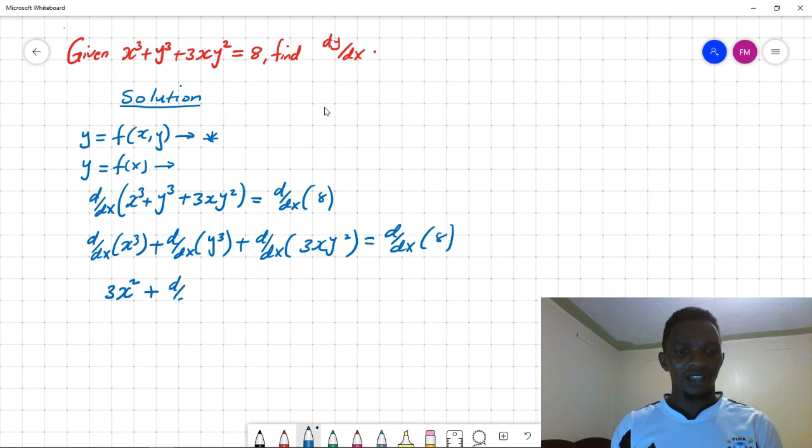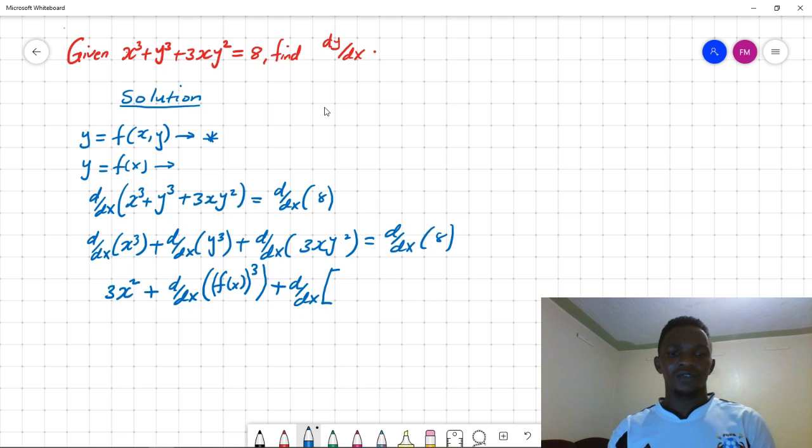Write this as d/dx of, instead of writing y, we write f of x, cubed, that's what we are differentiating there, plus d/dx, let me use the square bracket here, of 3x, instead of y squared we will have f of x, then squared.